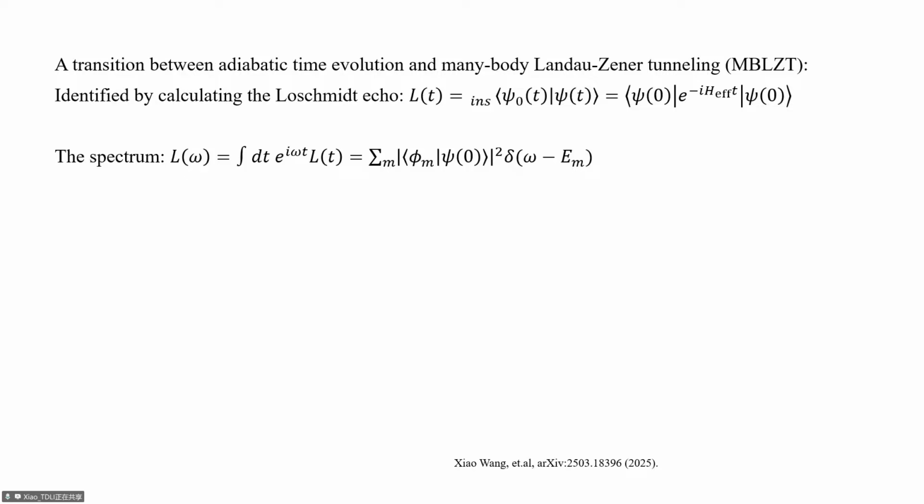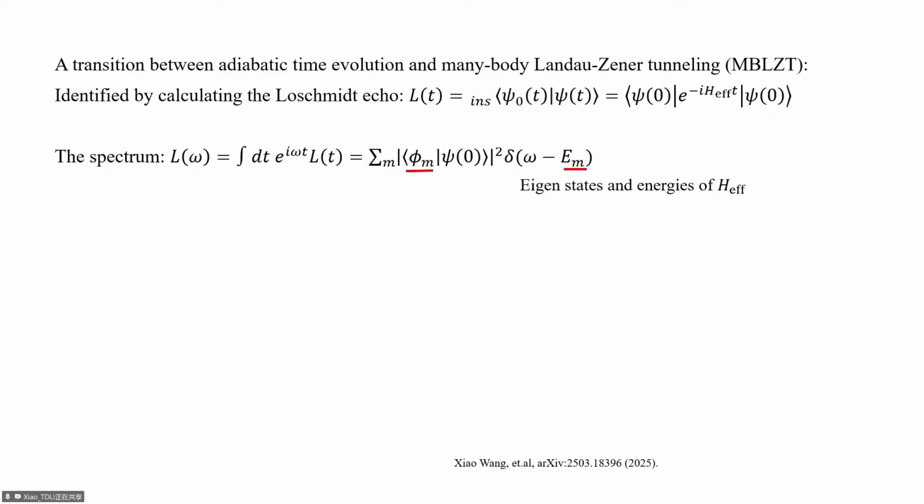The variable we choose is the Loschmidt echo. We can calculate the Loschmidt echo of the time-evolving wave function with respect to the instantaneous ground state. The time-dependent phase will cancel out, such that the Loschmidt echo is directly given by this part.